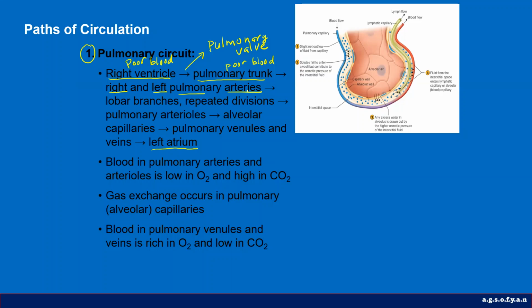The right and left pulmonary arteries will also carry poor blood. And then they will go to the arterioles. Arterioles with the venules will combine to make the capillaries.